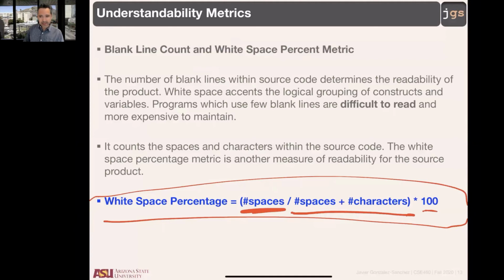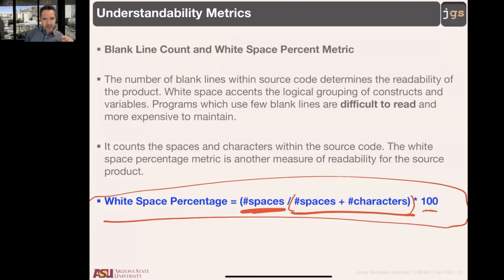Good. The percentage of white spaces is the number of spaces divided by the total, with the parentheses there.